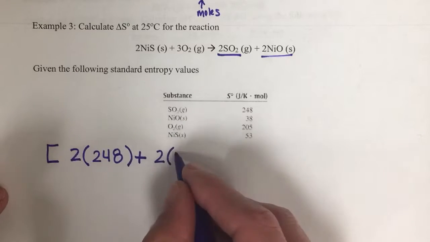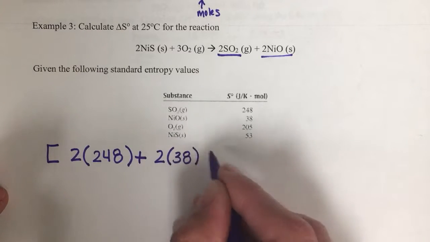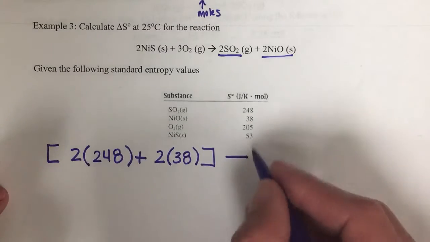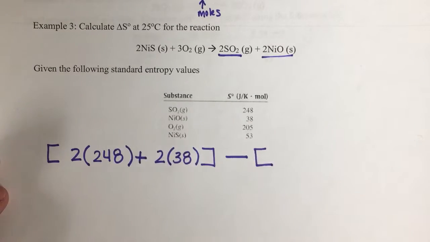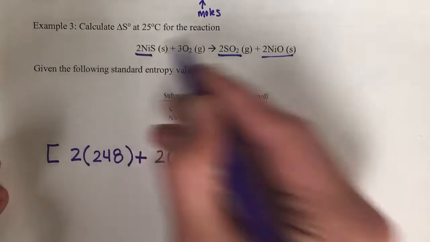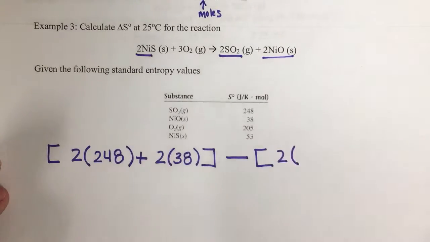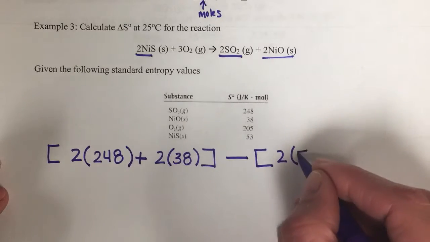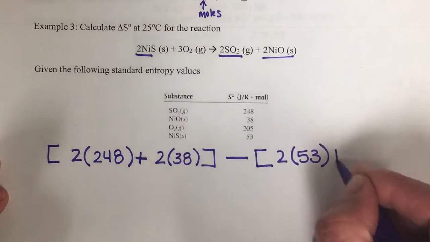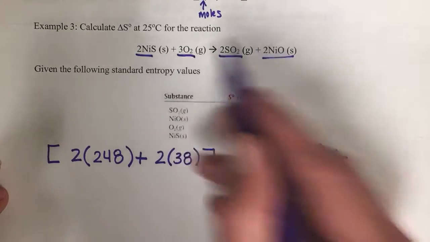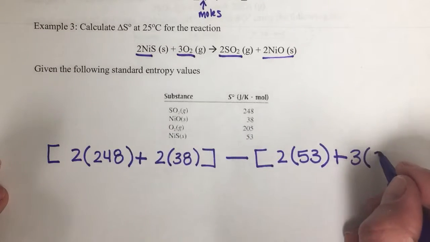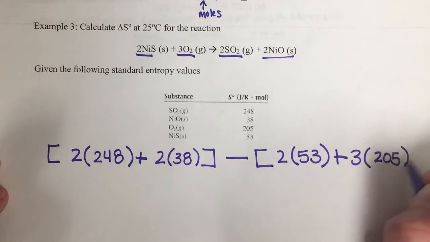NiO is 38, minus the sum of my reactants. So my reactants, I've got 2 times NiS. NiS is 53, plus 3 times O2. O2 is 205.